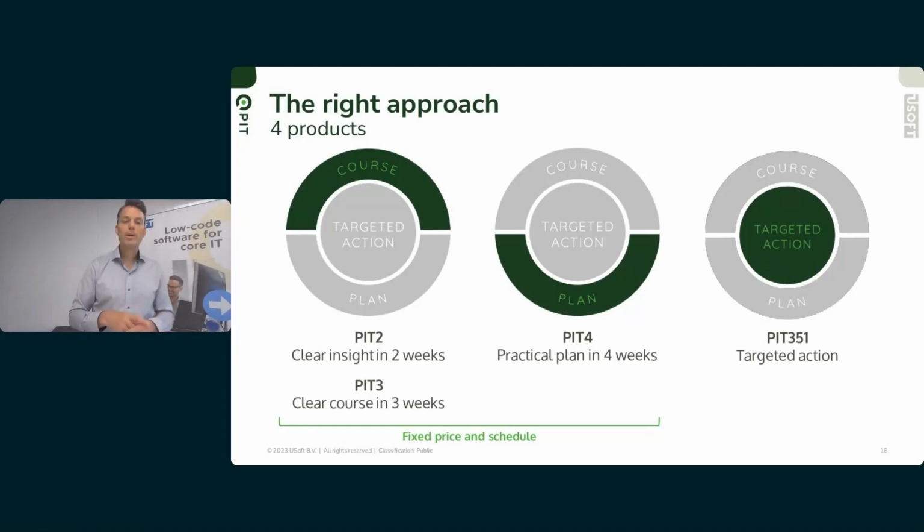Together, PIT 2, 3, and 4, we can deliver those products in a fixed price and schedule. And after PIT 4, we can also manage the realization project. We call that PIT 351. And maybe you wonder where the 351 stands for. Well, if you add 351 to 4, 2, and 3, you come to 360. So during the 351, we make the circle round.